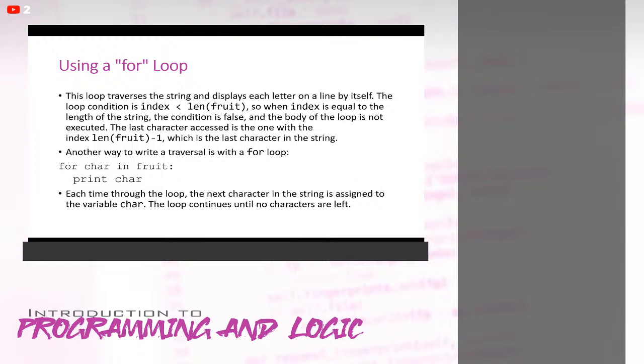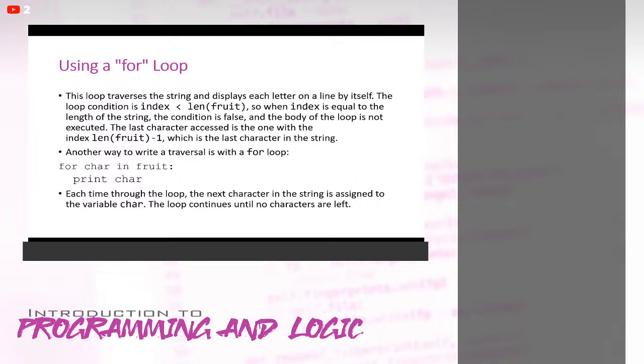What we have here is a much simpler way to traverse our string instead of using index locations and our while loop. This is going to go through every single character in the string and do something with it. And this loop will continue until it reaches the end of the string.